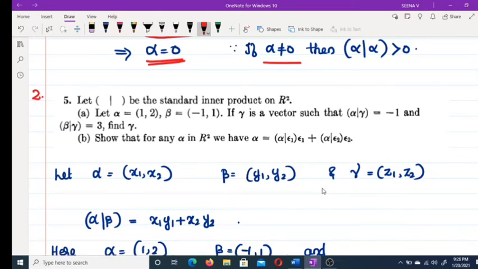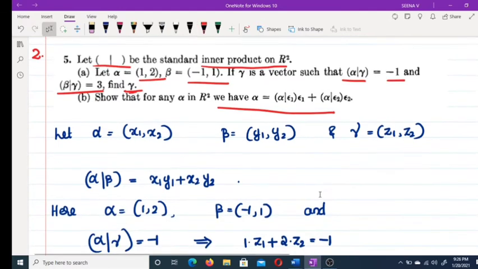Moving to the next problem: let this be the standard inner product on R2. Let alpha equal this, beta equal this, and gamma be such that the inner product of alpha and gamma equals -1 and the inner product of beta and gamma equals 3. You have to find gamma. What is the standard inner product on R2?